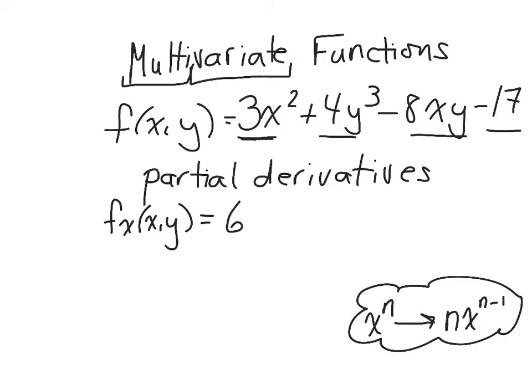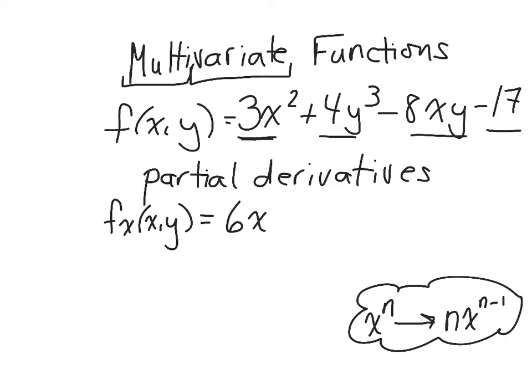We've got lots of practice with that power rule, and we know that the derivative of 3x squared is 6x. We look at the next term, 4y cubed, and we say, wow, there's no x in there. And remember, every other variable but the one that we're taking the derivative with respect to is considered a constant. And we know that the derivative of a constant is 0. So that's the derivative of that term with respect to x.